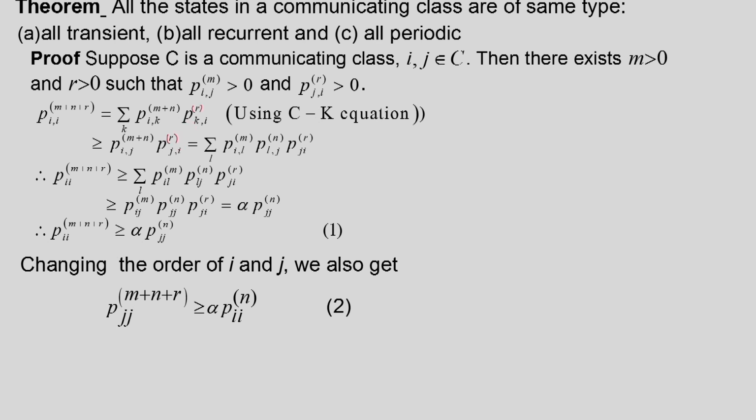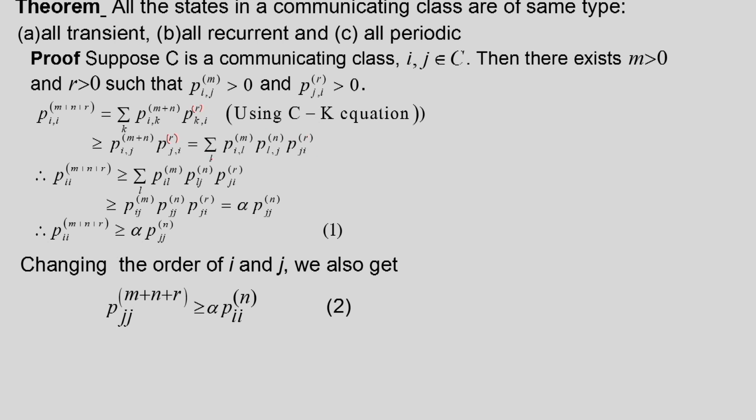Now, again we can apply the Chapman-Kolmogorov equation for P_ij^(m+n), and we can write it as: first in m steps it will go to l, and in n steps it will go from l to j. So it is the summation over l of P_il^m P_lj^n, then P_ji^r is already there.